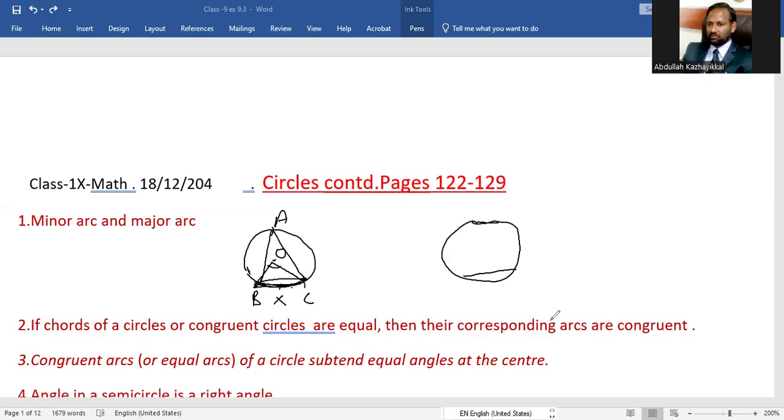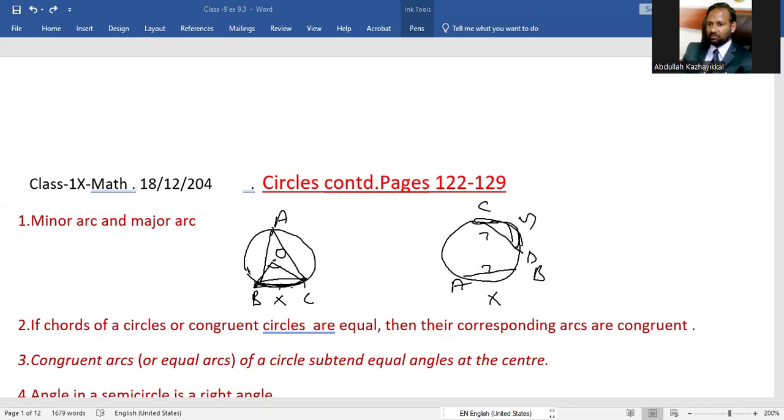Then the corresponding arcs are equal. Suppose AB is a chord and CD is another chord. This is the corresponding arc, CYD and AXB. If this is 7 centimeters and this is 7 centimeters, the chords are equal, then their corresponding arcs are congruent. CYD is congruent to AXB. That's all.